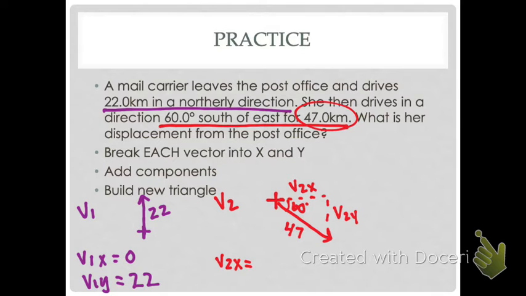I'm going to take the hypotenuse times cosine of my angle to get my x component. Plug that in right now: 47 cosine 60. And I get 23.5.